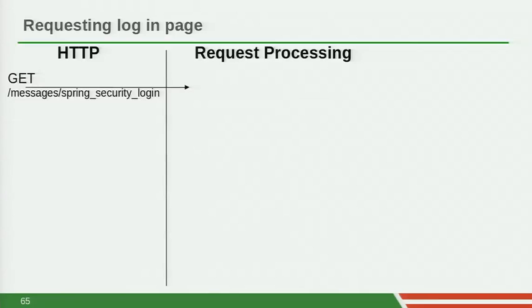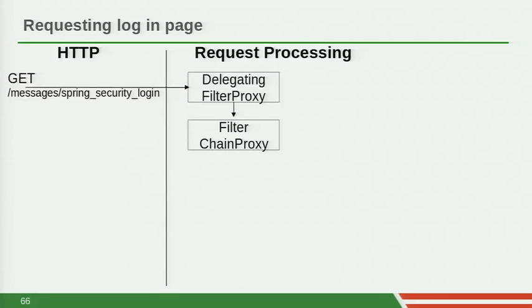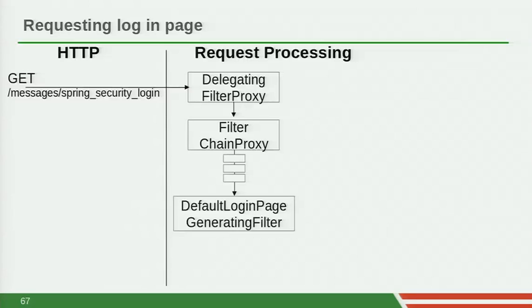So now that we've gone over ANT patterns and some of the complications that come up with using them, let's see what happens when we request our login page. So now our app is redirecting to the login page, and we're about to render it. So the DelegatingFilterProxy sees the URL again, and it delegates all the work to FilterChainProxy.